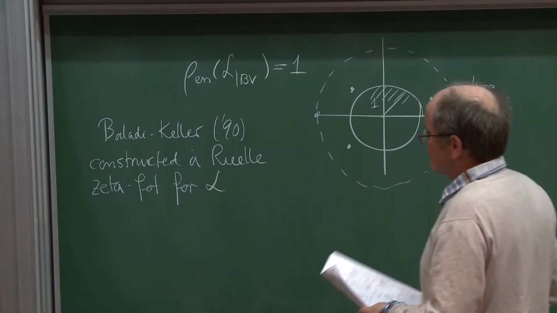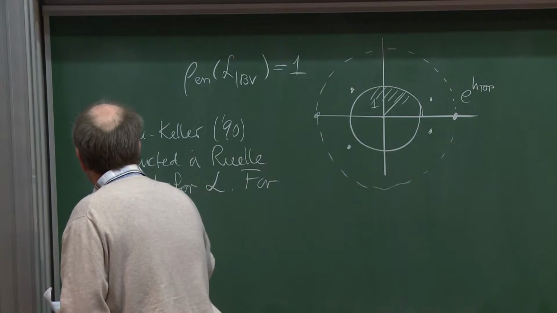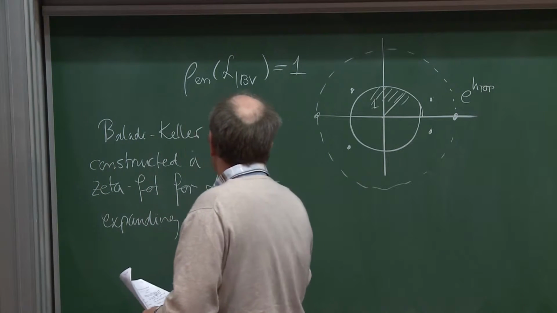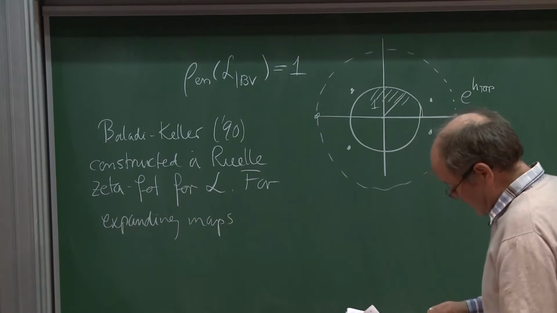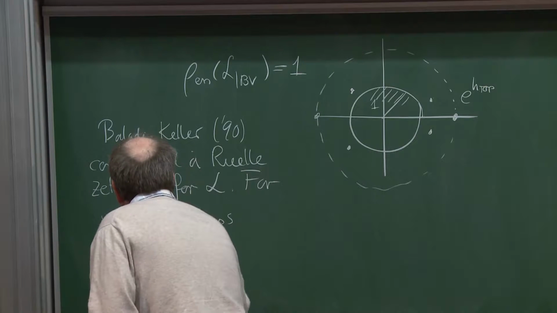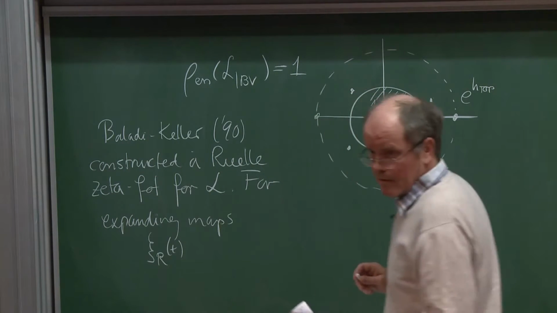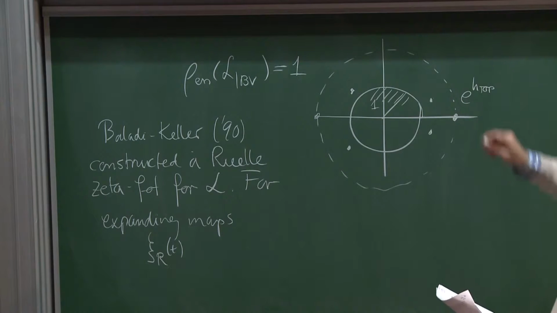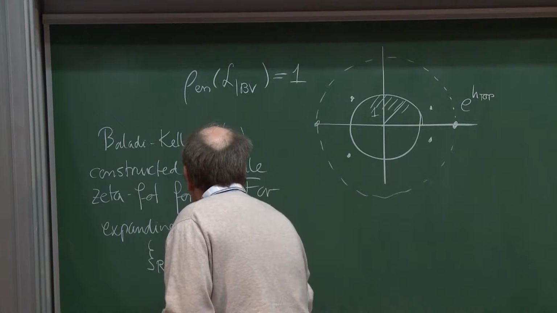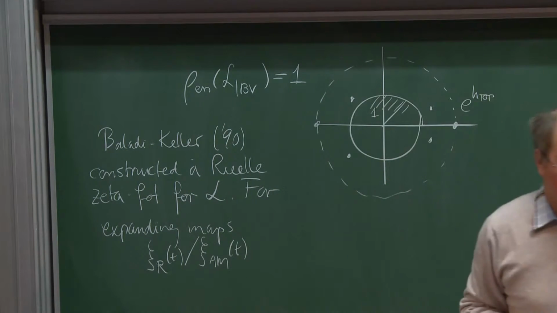When the map is expanding, for expanding maps, the Ruelle zeta function here and the Artin-Mazur zeta function will be pretty close to being the same.